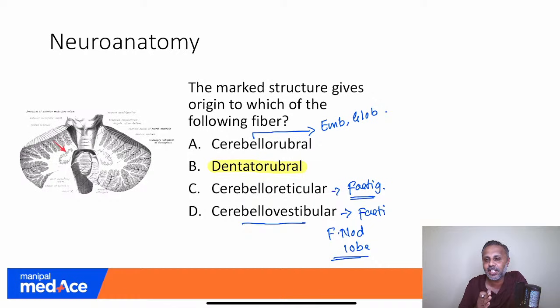So red nucleus connections, the connections of the substantia nigra, connections of medial longitudinal fasciculus, which coordinates the movement of your extraocular muscles along with the neck. All these are important topics which we often skip in first year, but you cannot do it if you're preparing for your entrance exam. Okay, so this is regarding the first neuroanatomy question that was asked.